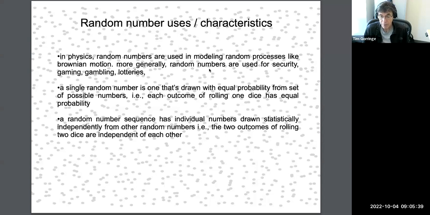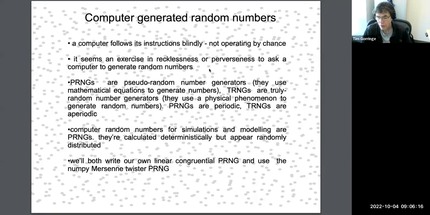With large streams, you can address the question whether particular random numbers are independent of the other random numbers, for example, and assess whether your stream of random numbers has randomness. Now, we're going to be talking about computer-generated random numbers.